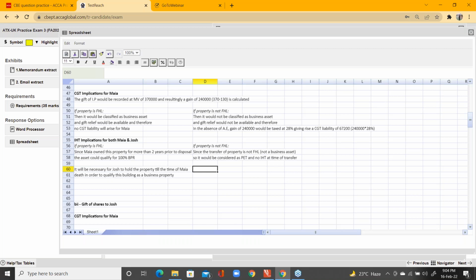What will happen to Josh and this asset if Maya dies within the next 7 years after this transfer?